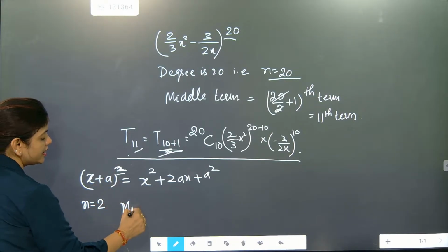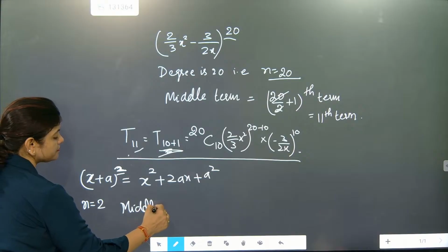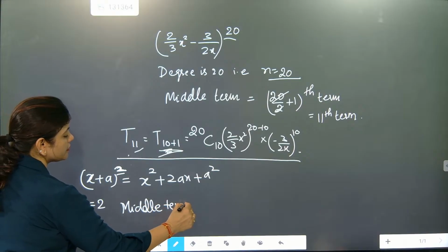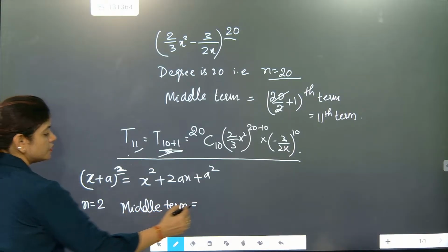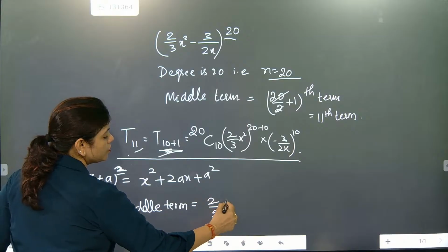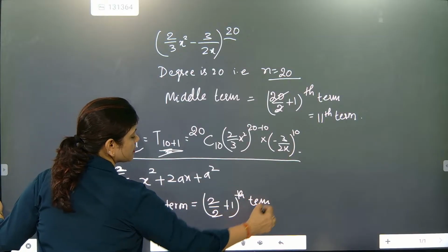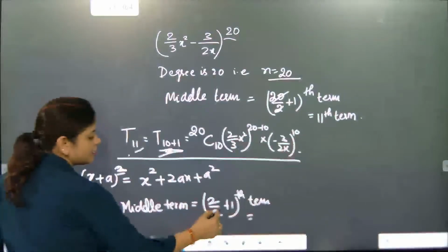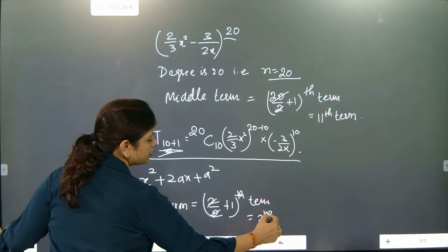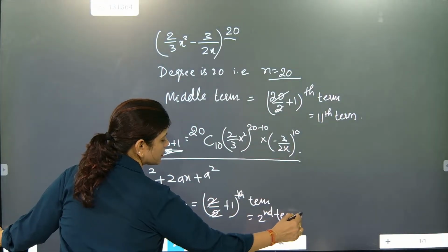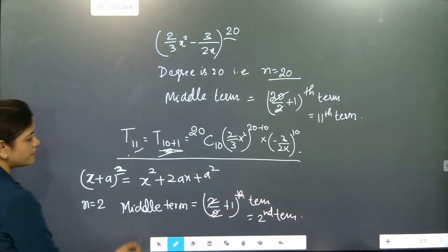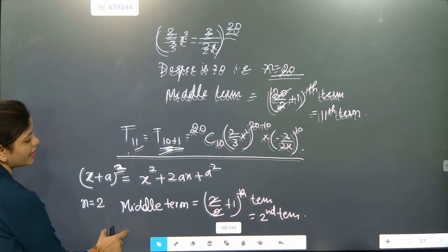So how are we writing? Middle term is equal to the 2 by 2 plus 1 term. So here it will be the second term. But the second term means the middle term. So how are we finding it?